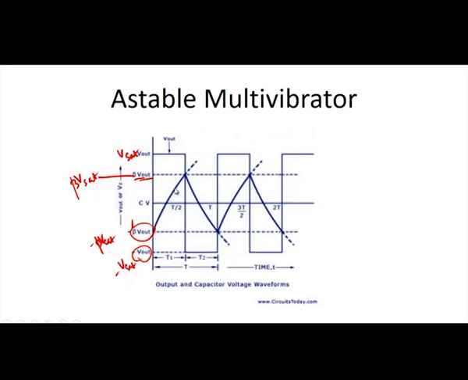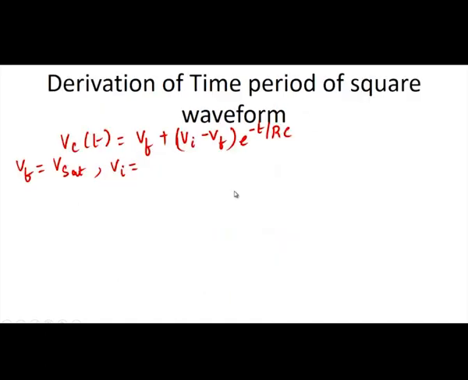The capacitor starts charging from minus beta V saturation towards the final value plus V saturation. So you have to consider this Vi, the initial voltage, as minus beta V saturation.